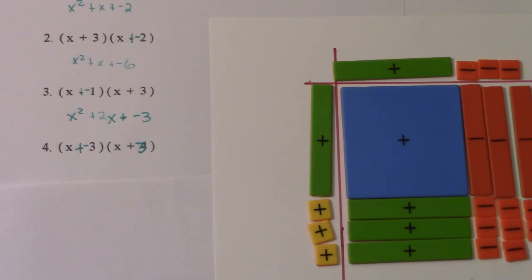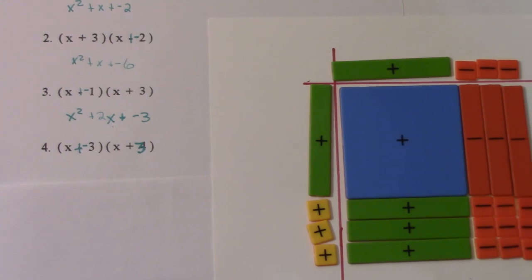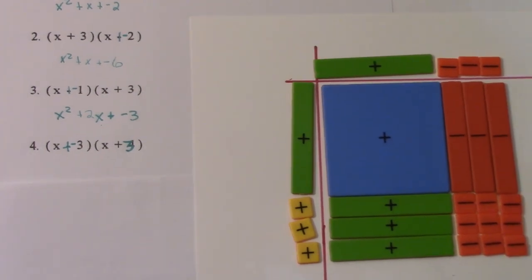And when I do this, some of you might have noticed that I get a little square. It makes a perfect square.